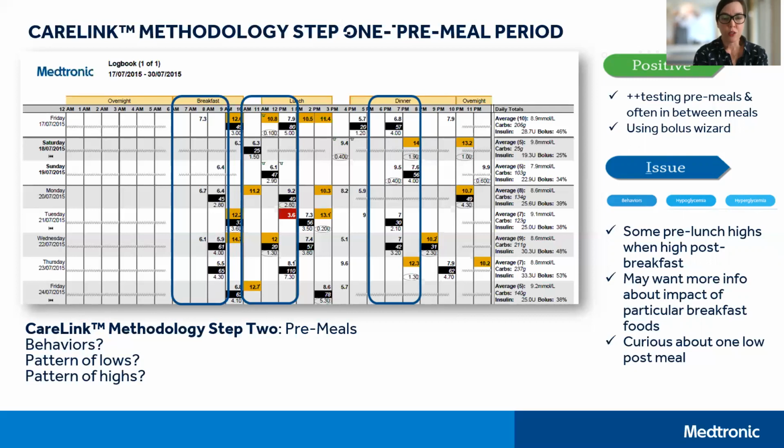So we might want to look at what are the different foods and are they having an impact on those different days. And then we might just be curious about that one low that we see, but since it's only one, it doesn't really make a pattern, and we might just want to understand what happened on that day in case it gives us a chance to avoid one single low.